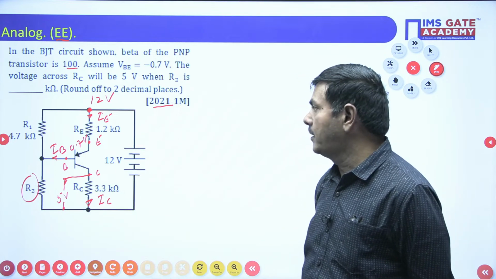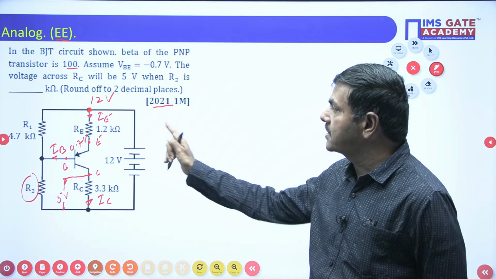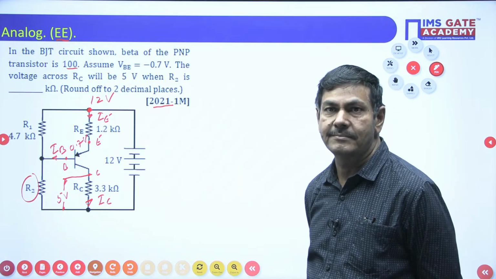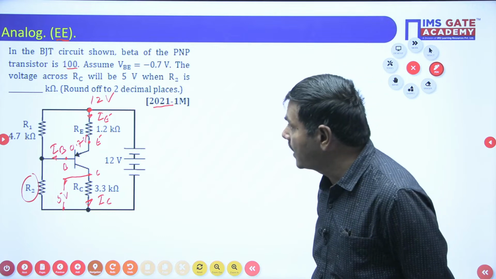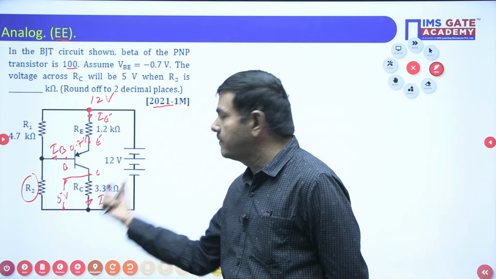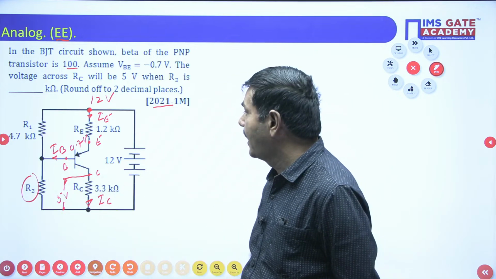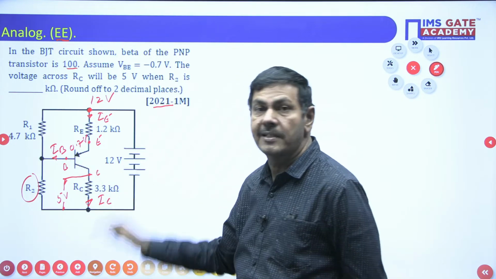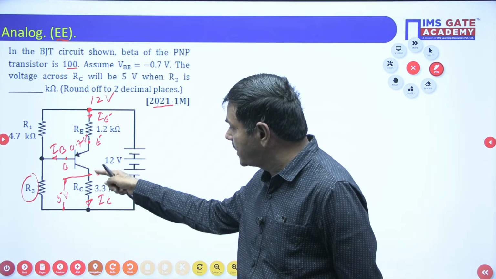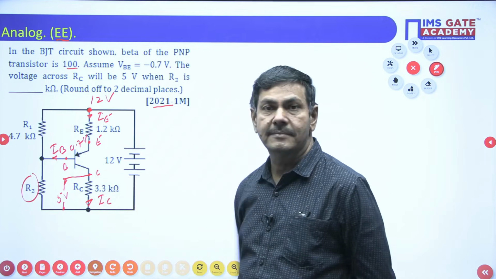From the given problem, first find IE. The emitter current is required. To get IE, IB and IC values are required. How to get IC? IC is the current across this RC.